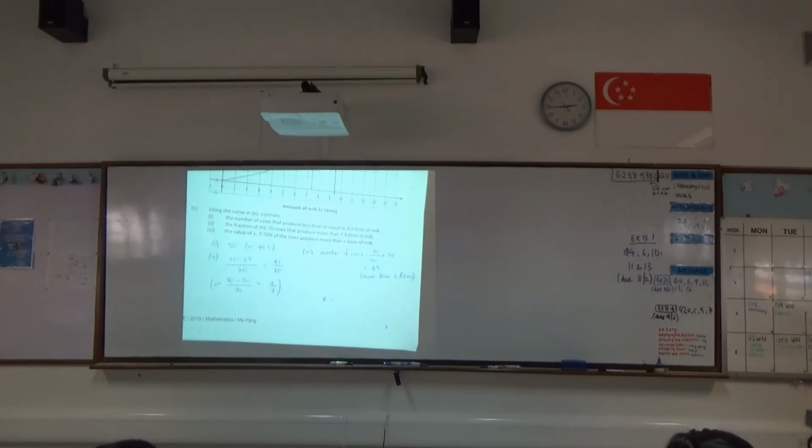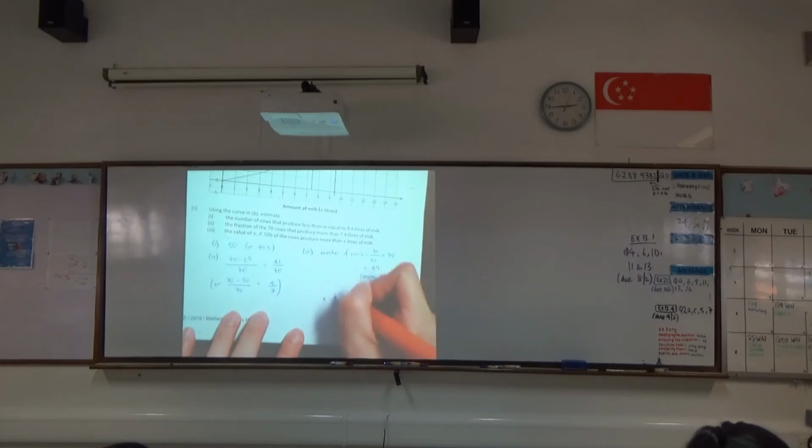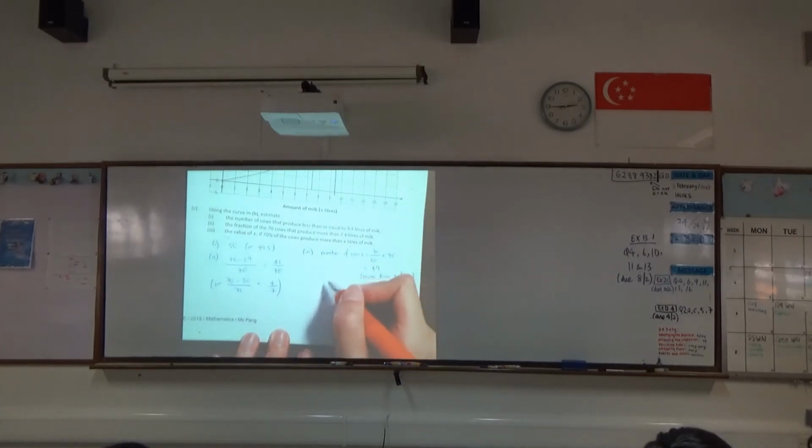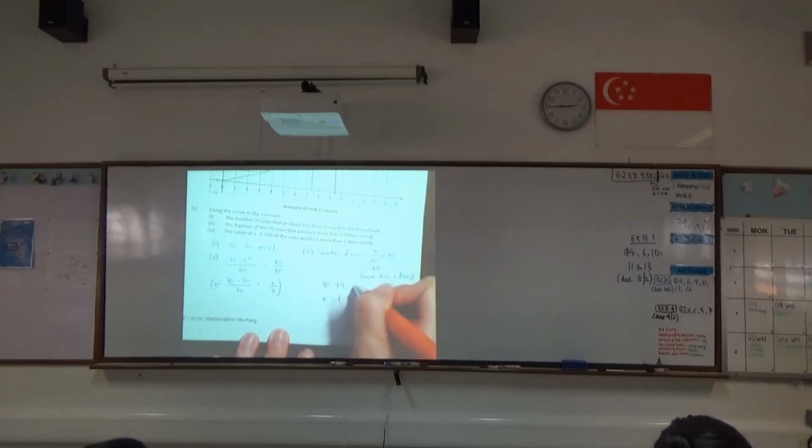Junyang, what's the value of x? 6.4. Okay, how do you get 6.4? Where do you read, and what number do you read? 21, and you got 21 by 70 minus 49.